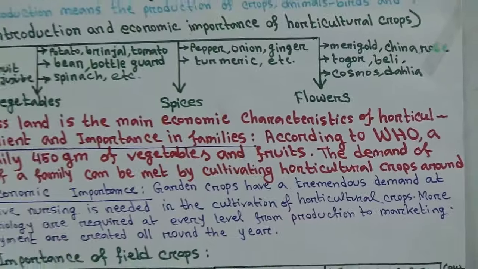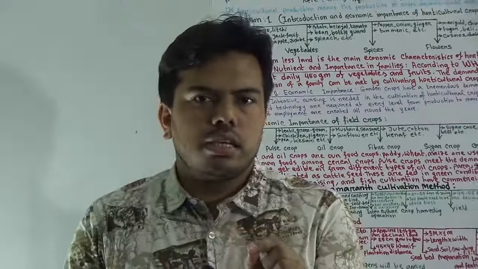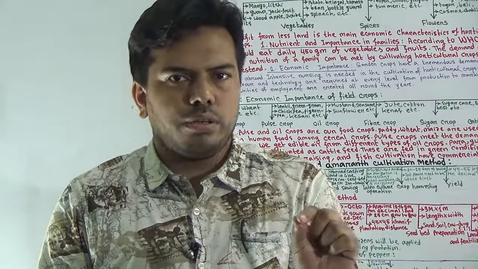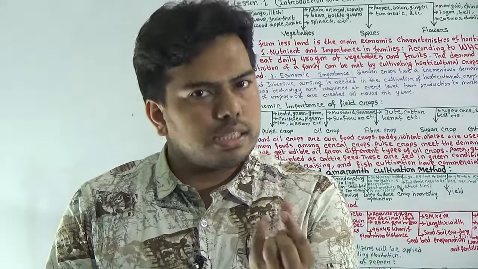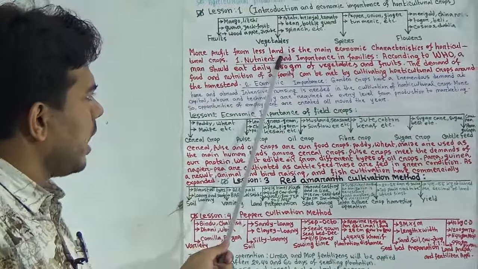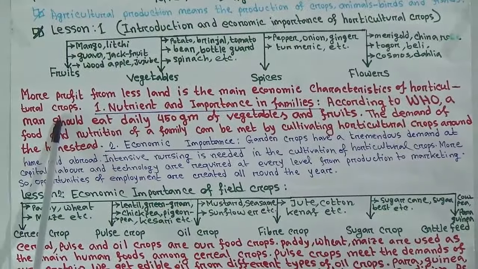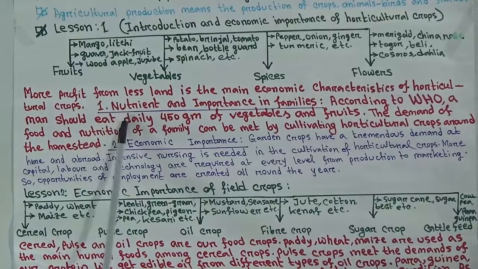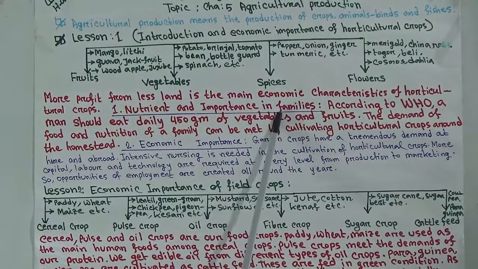These horticultural crops have some characteristics also. The main characteristic is that we can get more profit cultivating horticultural crops using only less land. Okay, more profit from less land is the main economic characteristic of horticultural crops. The number 1 characteristic is nutrient importance in families.